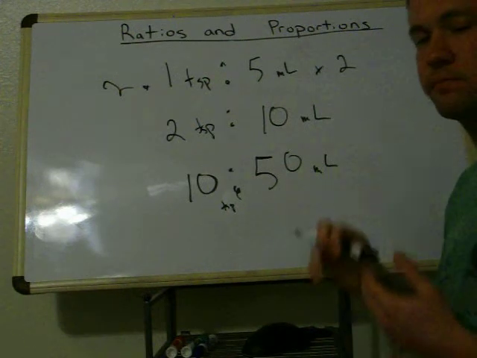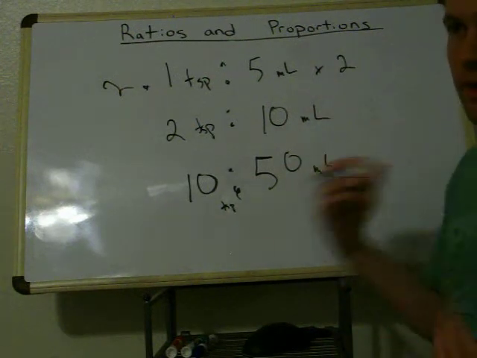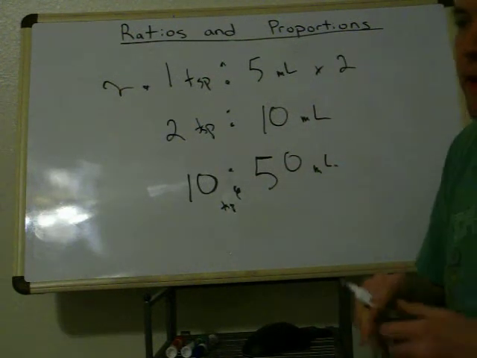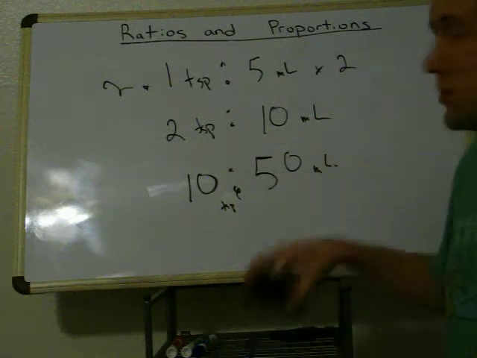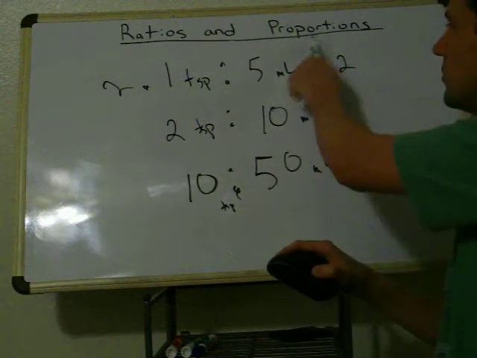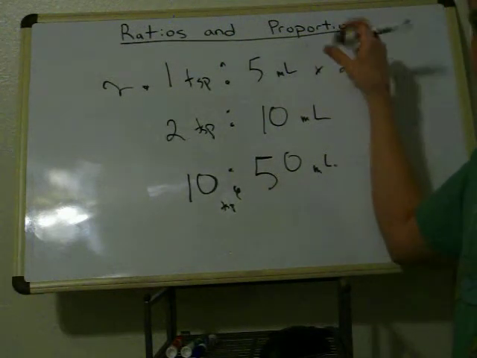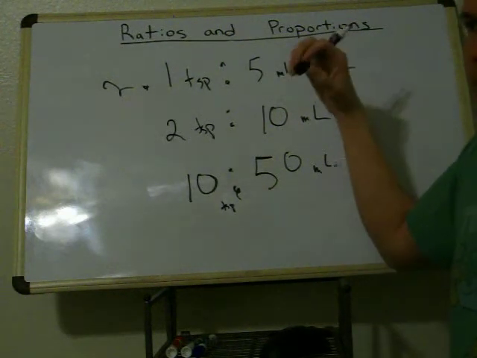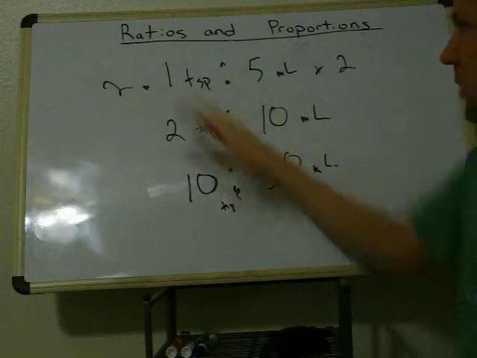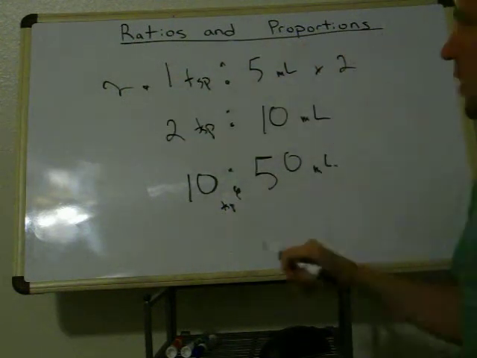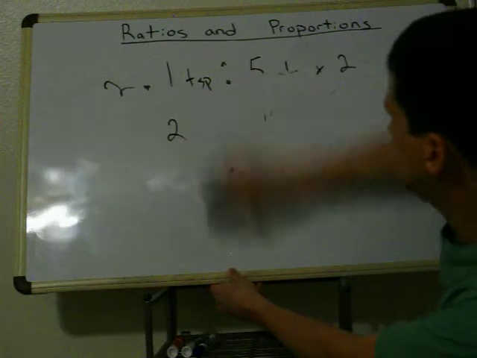These are the same ratios, and you can use them to find unknowns too, which is what we use proportions for. Proportions are just ratios of different amounts that are the same. So these are all ratios.